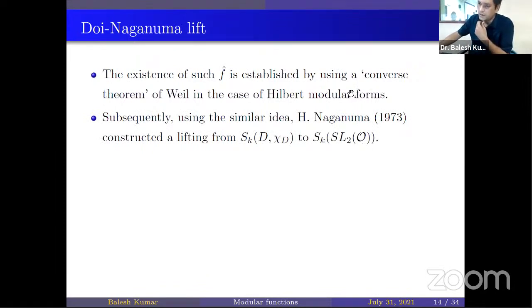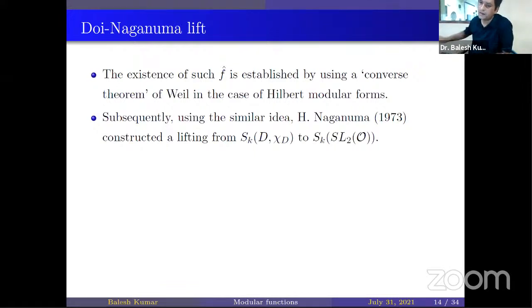So the existence of such an f hat is proved by proving the converse theorem of Weil in the context of Hilbert modular forms, and the converse theorem of Weil essentially says that if one has sufficiently nice analytic properties of the Dirichlet series, namely it should have an analytic continuation to the whole complex plane, it should have a functional equation, and it should be bounded in vertical strips, then one can in fact prove that the coefficients of the Dirichlet series come from modular form coefficients.